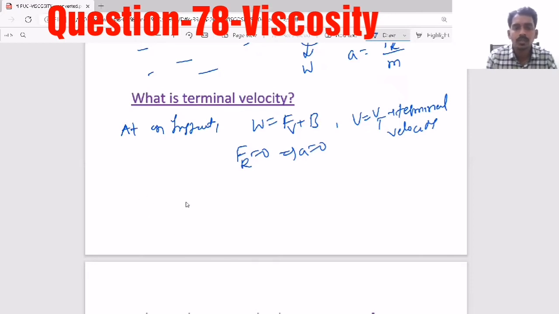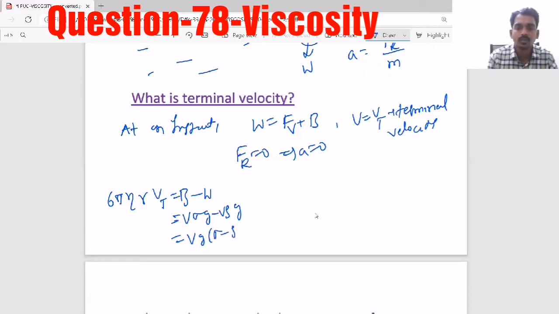And if you substitute the values, then 6 pi eta R Vt equals B minus W. B means buoyancy force. V sigma g minus V rho g equals Vg, if you take common, sigma minus rho, or else you can take rho also common.